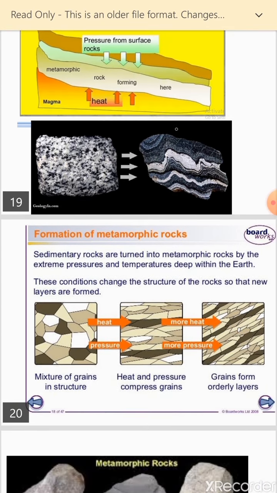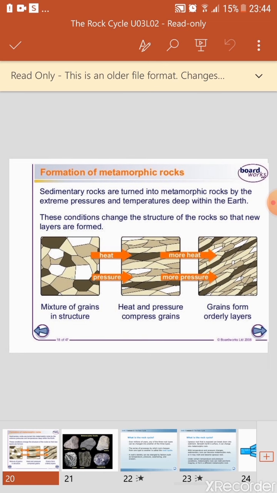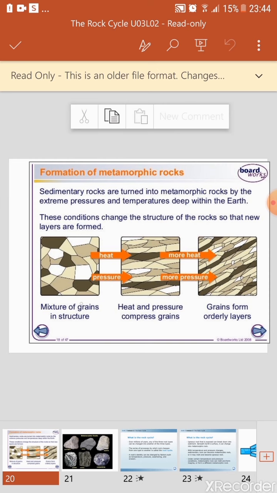Here also they show us in this figure a mixture of grains in a structure. Let's say it was sedimentary rock. We said, what is sedimentary rock? Sediments that were cemented together to make a rock. Here to the left, this is sedimentary rock.